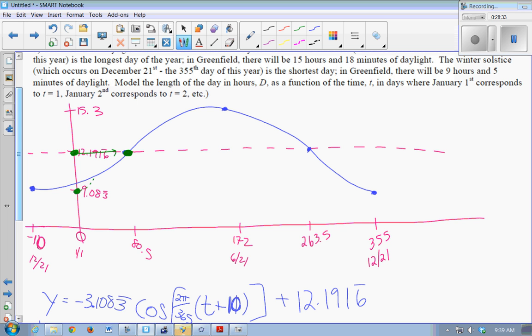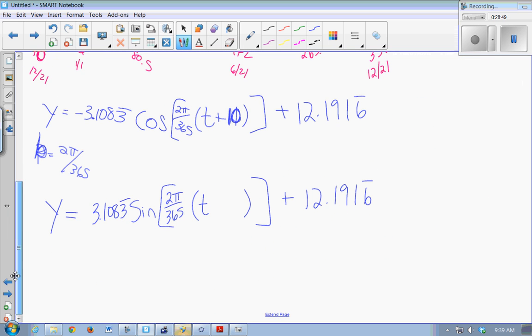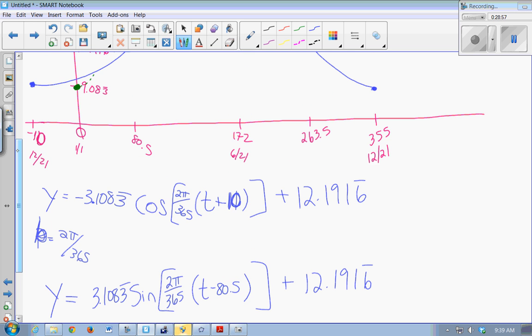How far would I have to shift a sine function to, instead of start here, start here? 80.5 to the right, right? I have to shift a typical sine function 80.5 units to the right. So I'm going to do minus 80.5. Oh, but if I change that to a 10, 162, it's actually 81 now.